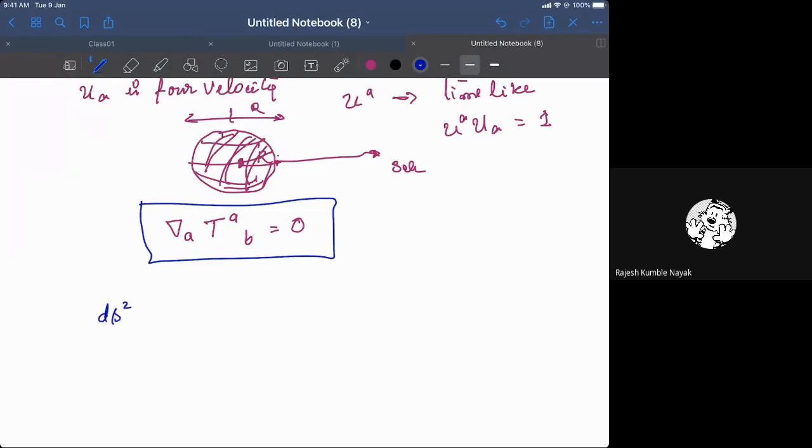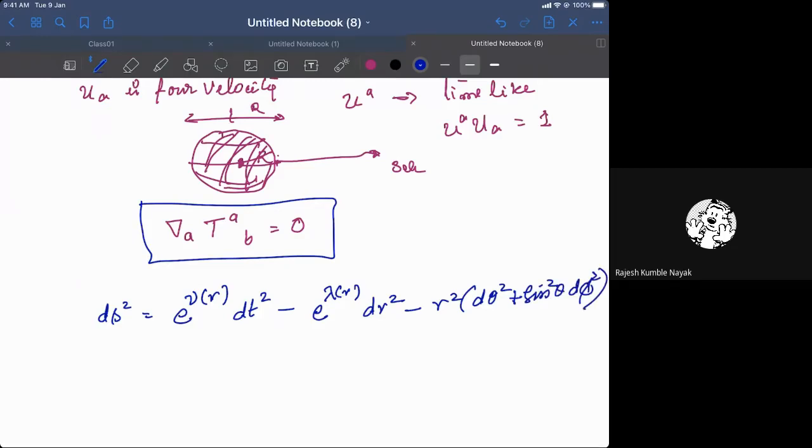Earlier we have seen that the spherically symmetric line element can be written like this: e to the power nu(r) dt squared, minus e to the power lambda(r) dr squared, minus r squared (d theta squared plus sine squared theta d phi squared).